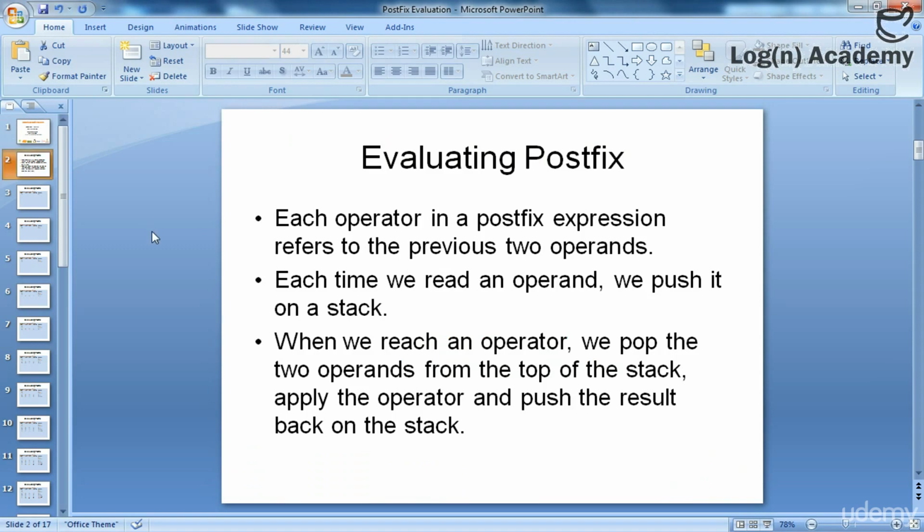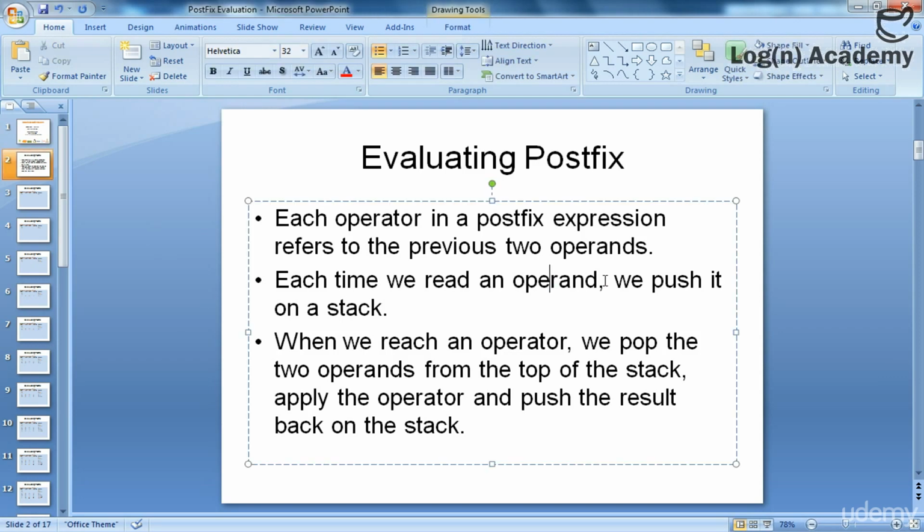Okay, so we know we have operators and we have operands. Each operator in the postfix expression refers to the previous two operands. Each time we read an operand, we push it into the stack. Whenever we read an operand, we simply push that into the stack.